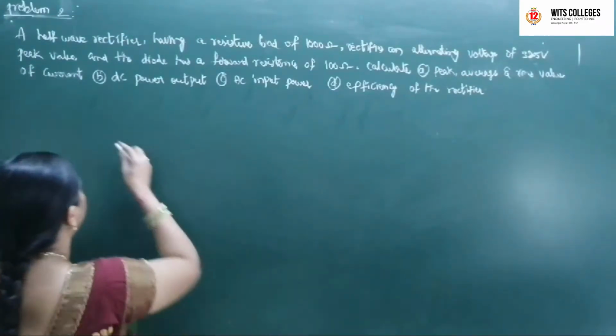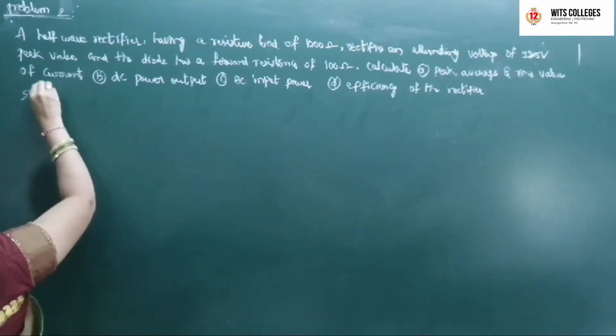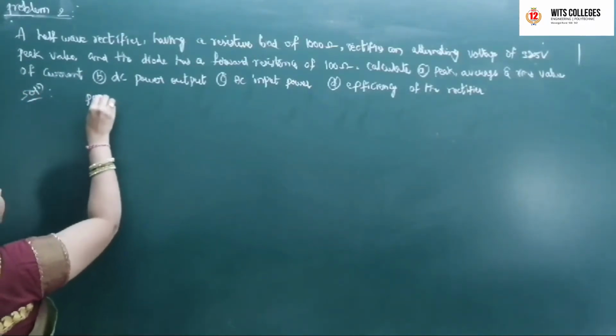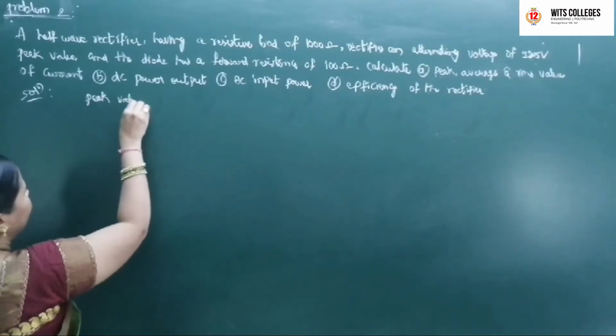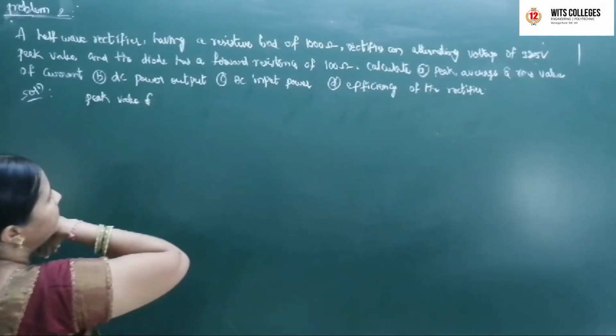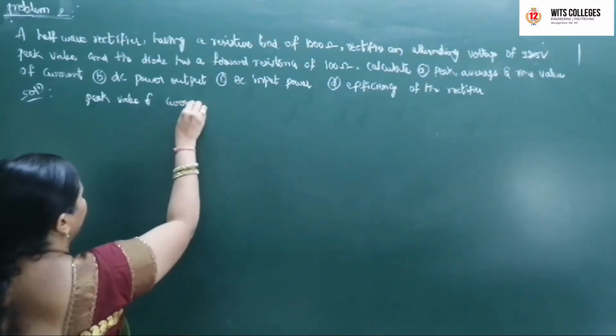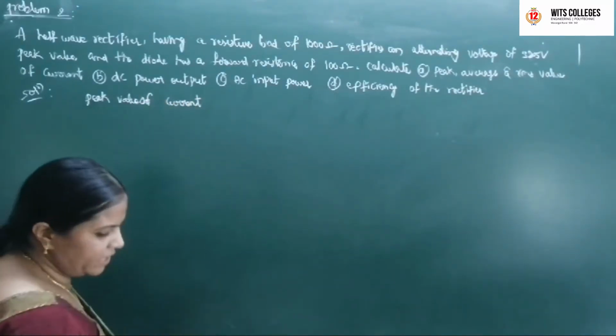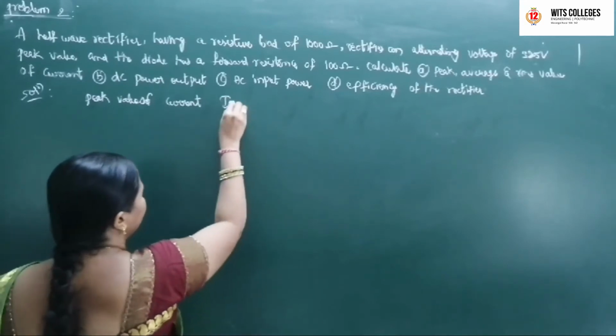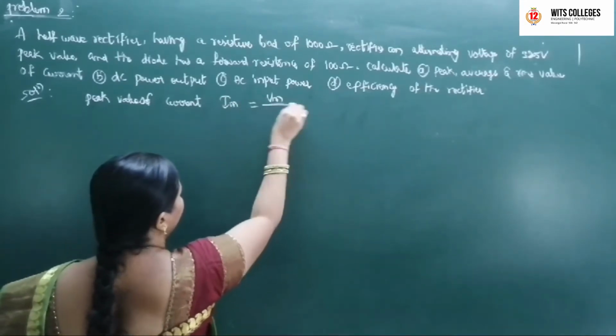So coming to the solution. The peak value of current is indicated by Im equal to Vm by rf plus RL.